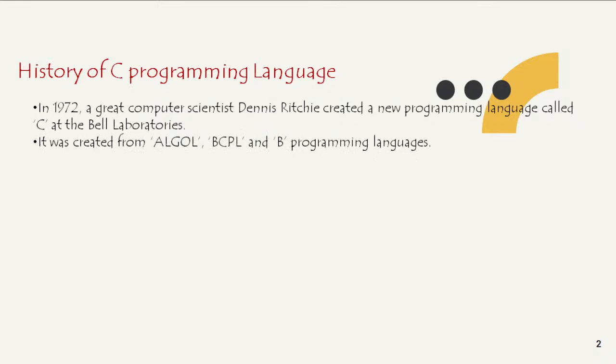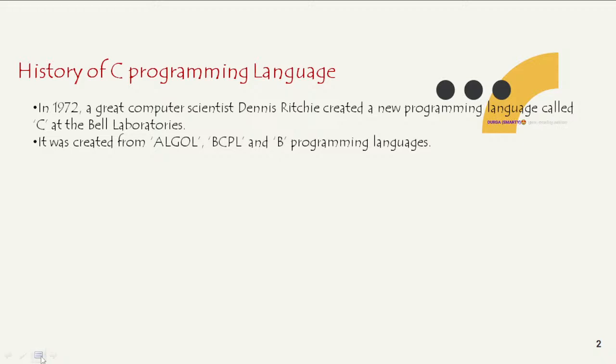It was created from ALGOL, BCPL and B programming languages. I already informed you these are the previous languages that existed before 1972. Dennis Ritchie worked on these programming languages and invented this new language C. There is no abbreviation for the C language.